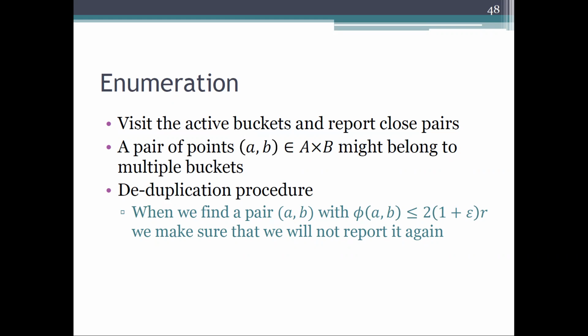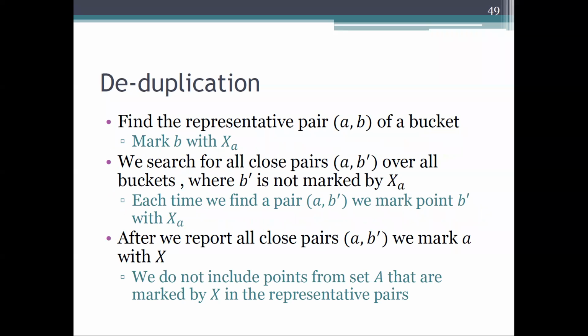We do it by following a specific order of the enumeration and by temporarily marking the points we have already reported. More specifically, when we report a representative pair AB, we mark point B with a marker XA.